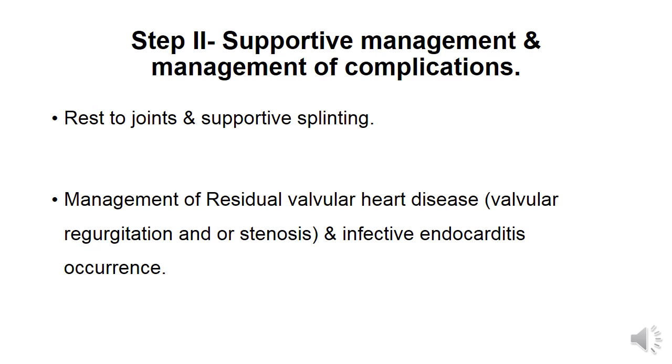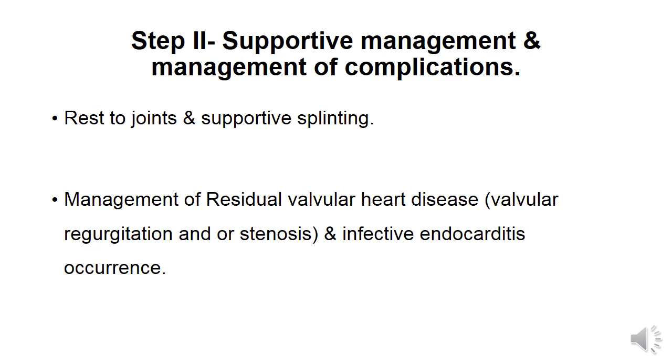Step 2, supportive management and management of complications. In case of adults with an acute attack of rheumatic fever, it's tackling mainly the joints. It's mainly polyarthritis. So rest the joints and supportive splinting.